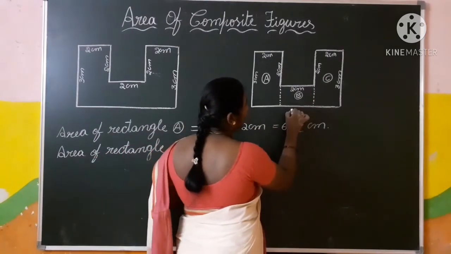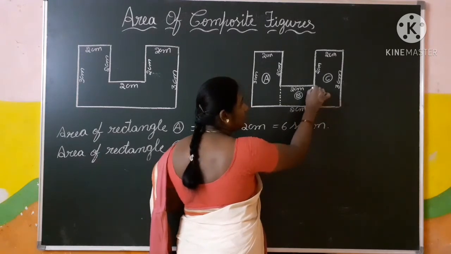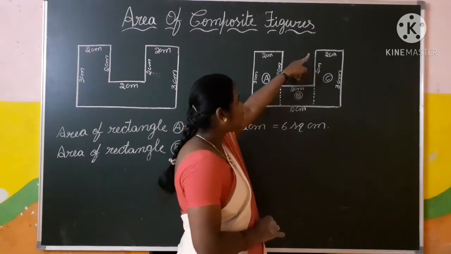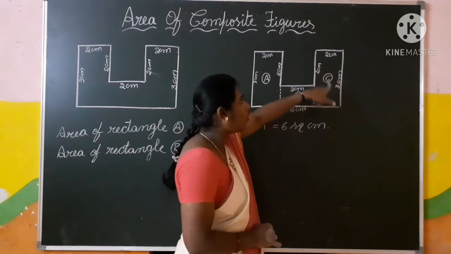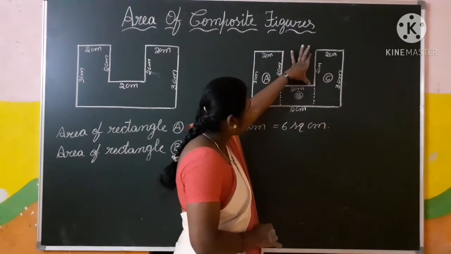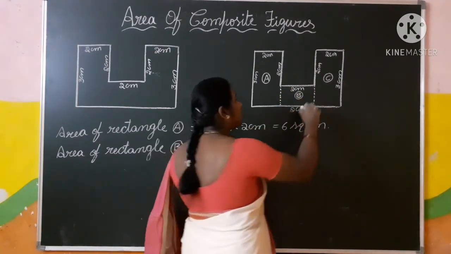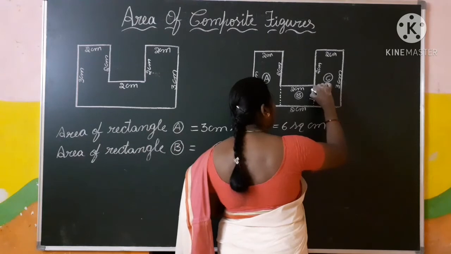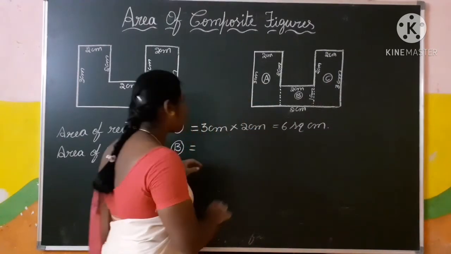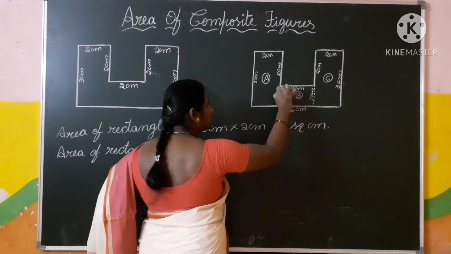This is called the length. It is 2 centimeters. We don't know this one. But the length of this whole line is 3 centimeters. From here to here it is 2 centimeters, so here it is 1 centimeter. So the breadth is also 1 centimeter.